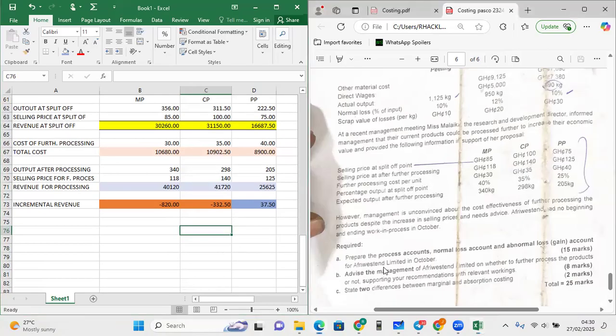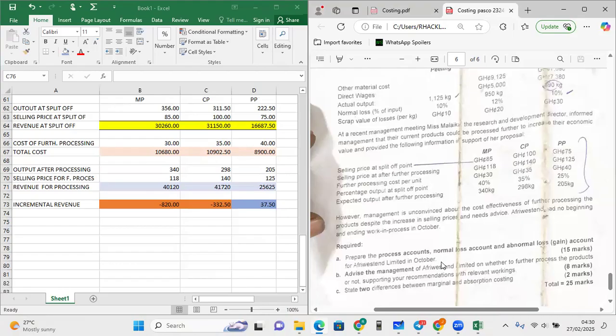Now, the final part of this is to state two differences between marginal and absorption costing. The difference is that marginal costing treats fixed cost as a period cost, whilst absorption costing treats fixed cost as a product cost and also includes it in inventory valuation.